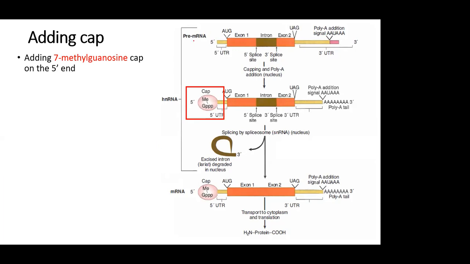So this is the pre-messenger RNA. We have it here. Just follow the pointer if you can see it. We will add a cap at the 5' end. This is the 5' end, and this is the 3' end of the messenger RNA. The cap comprises the 7-methyl guanosine cap at the 5' end.